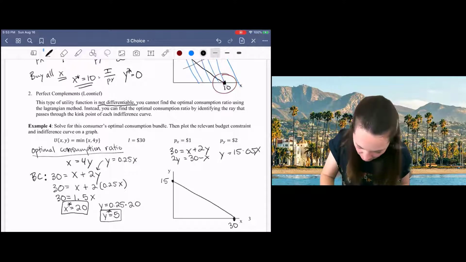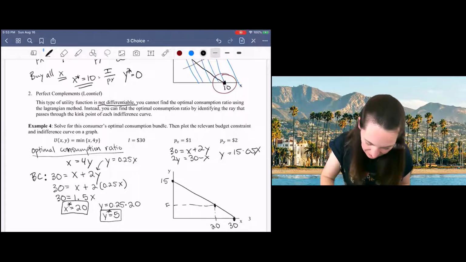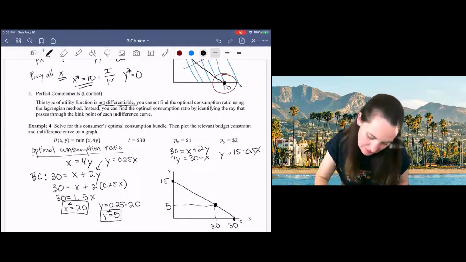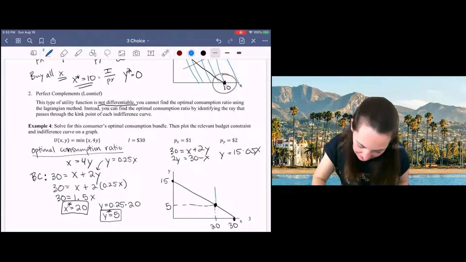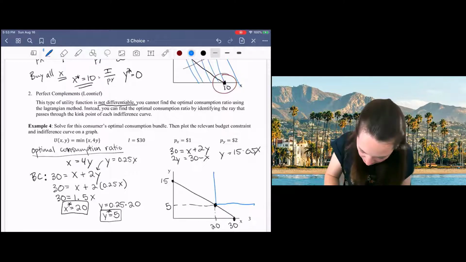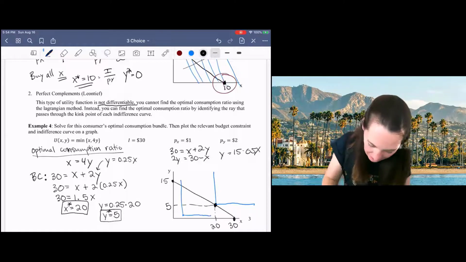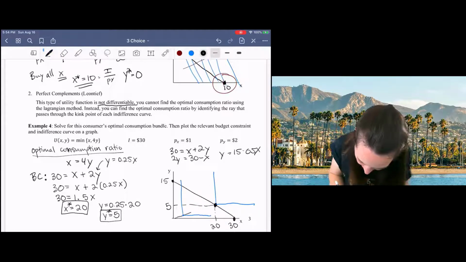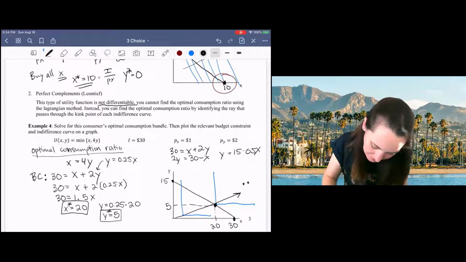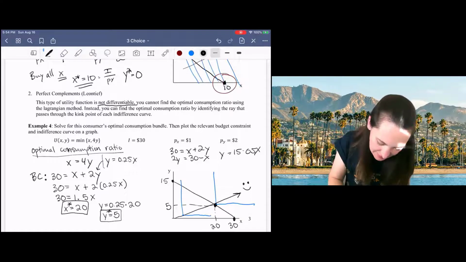And then at this point, 20, 5, that is going to be my highest indifference curve in the budget set. I will have more indifference curves here, right, at the same ratio, so like 1 and 4. And the kink point will follow this ray out from the origin that has this equation.